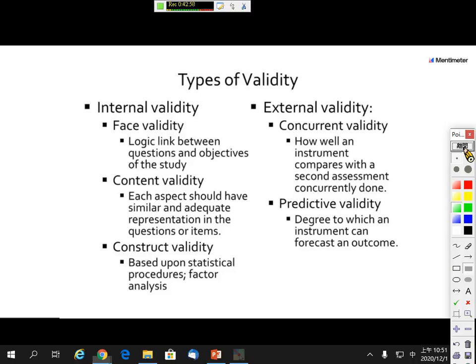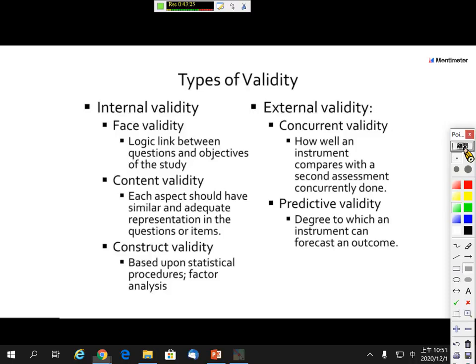Although we hope that our study has external validity, when we conduct our study we are not so sure about it, whether it can be applied to other settings, or whether it can produce very similar findings and conclusions, just like other studies. We have no guarantee.